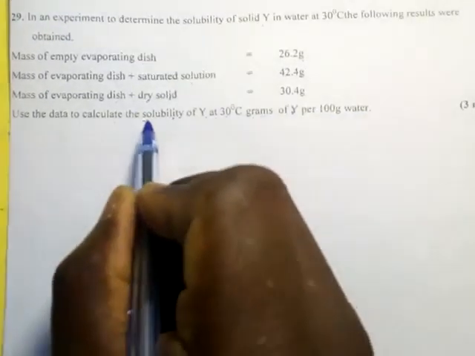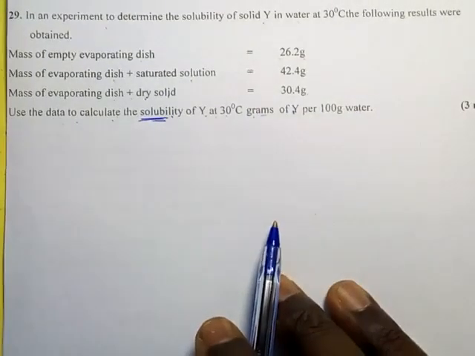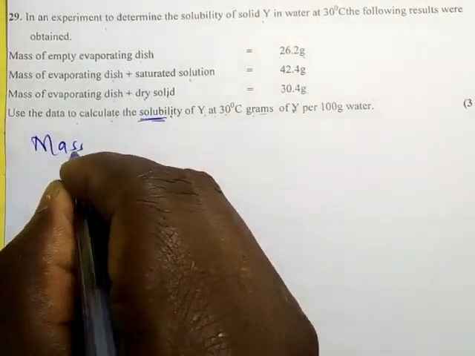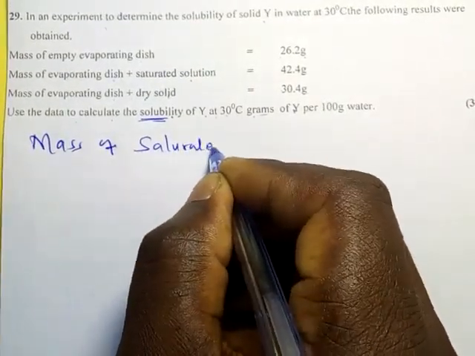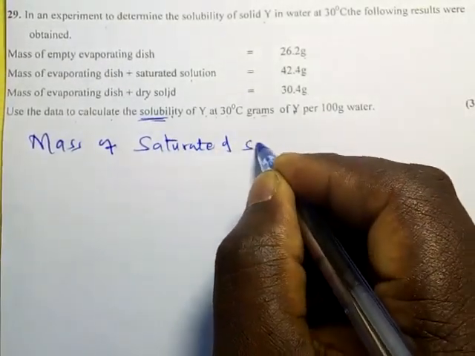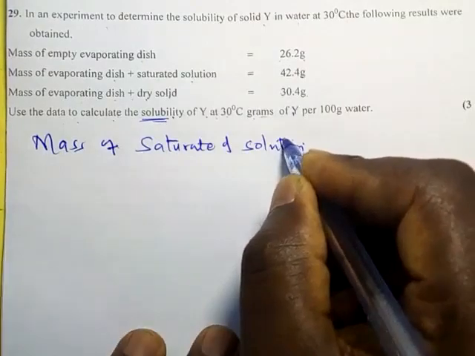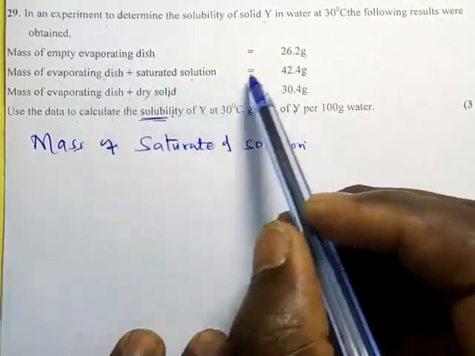So we want to calculate solubility. First, we want to calculate the mass of saturated solution. We have the mass of saturated solution plus the dish equal to 42.4 grams.